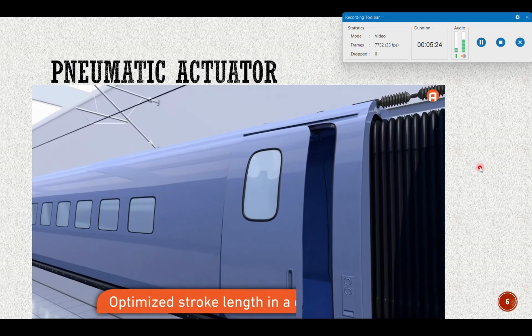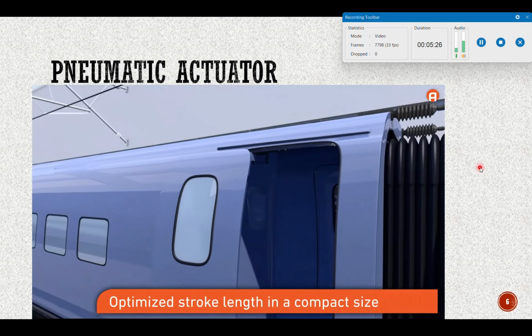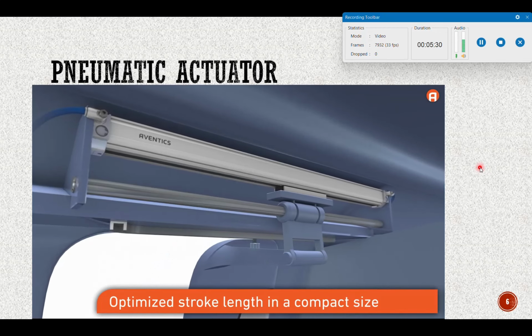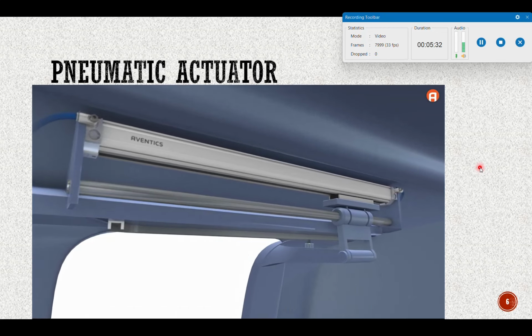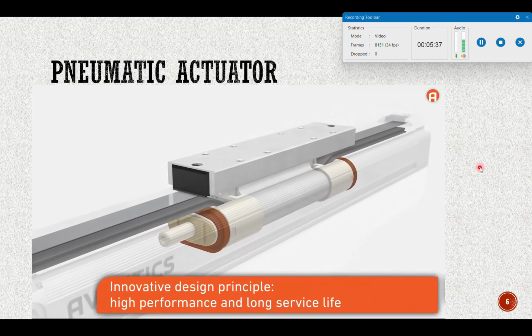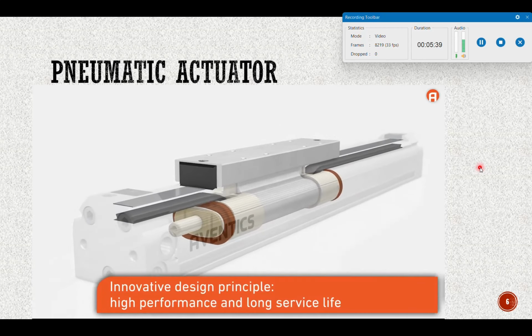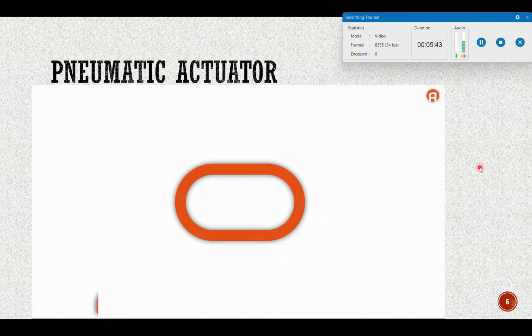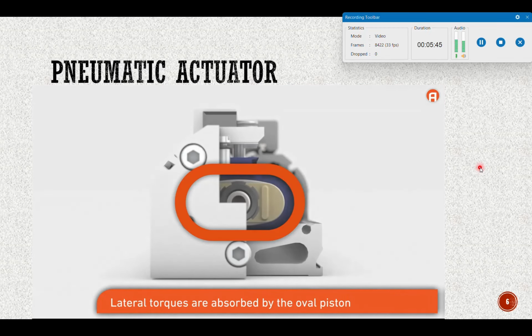The rodless cylinders offer optimized stroke lengths in a compact size. This saves space and facilitates machine design. Thanks to its unique design, the RTC from Aventix offers high performance and a long service life. The oval Aventix piston is absorbs one of the lateral torques and doubles the load We don't capacity. have that in our lab.